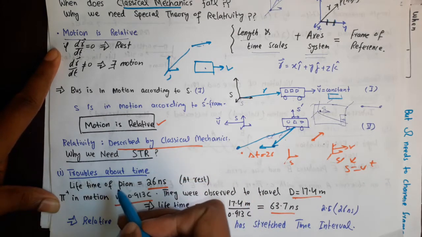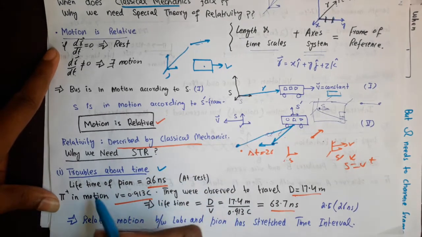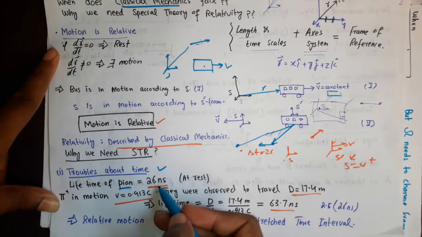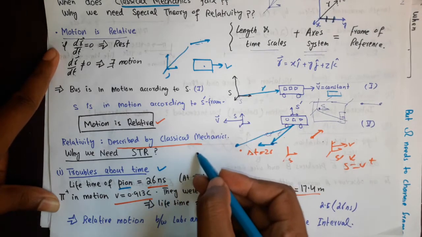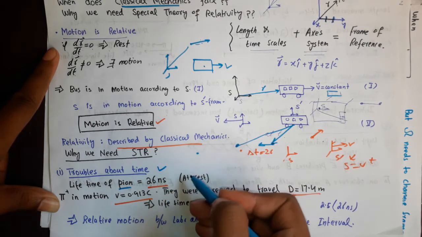So the first is troubles about time. A pion is a subatomic particle and its lifetime is 26 nanoseconds, meaning when this pion is created, after 26 nanoseconds it decays into some other particles.